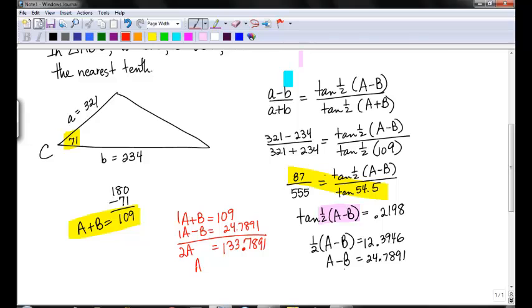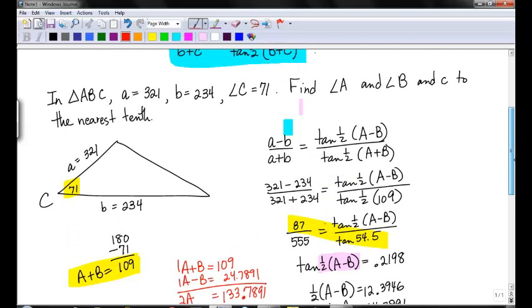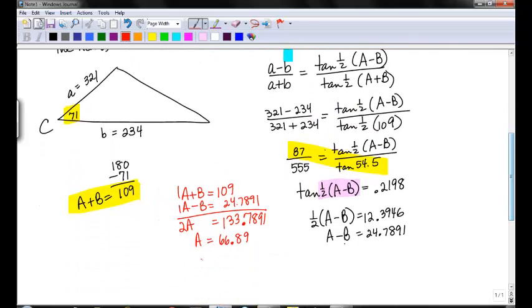And I get angle A is 66.89, and they want it to the nearest tenth. So angle A is 66.9. That's one of the answers. Now store that, make a note.